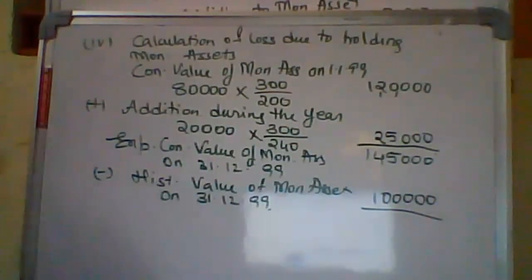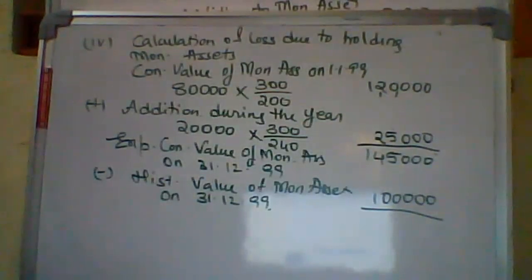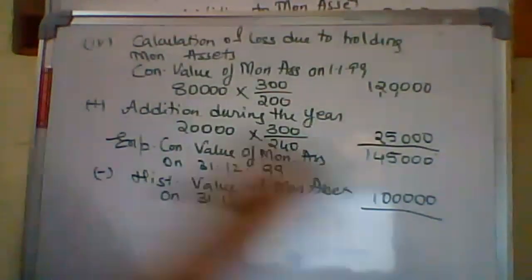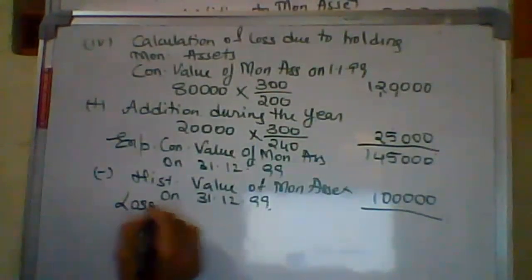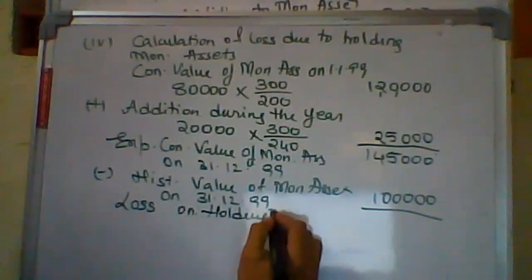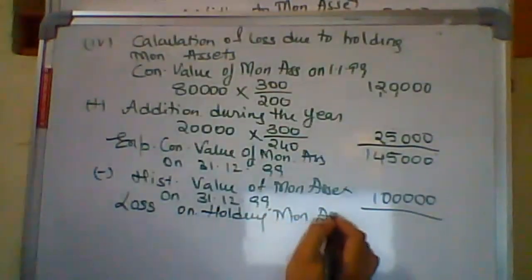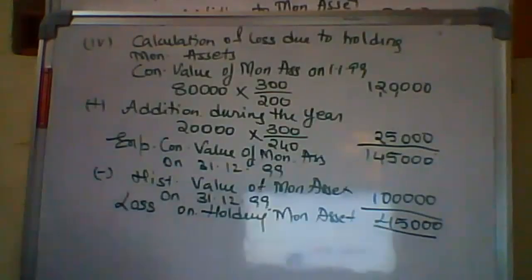It means you are losing out this much. Actually, people should pay you 145, but they are going to pay you 1 lakh only because these are monetary amounts. They are paper agreements. Whatever we agree, that much only people will pay. So in spite of inflation, you will get only 1 lakh. So you are getting a loss on holding monetary assets. You're getting a loss of 45,000.